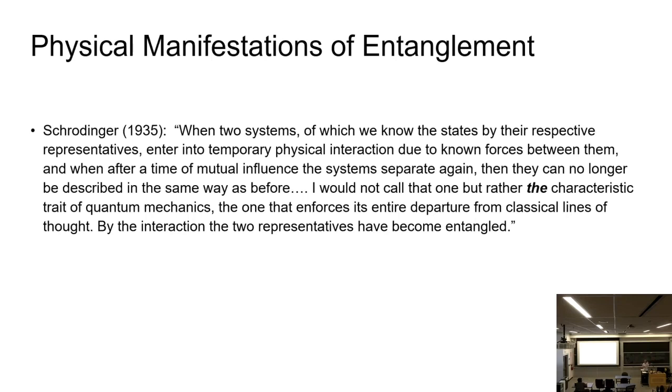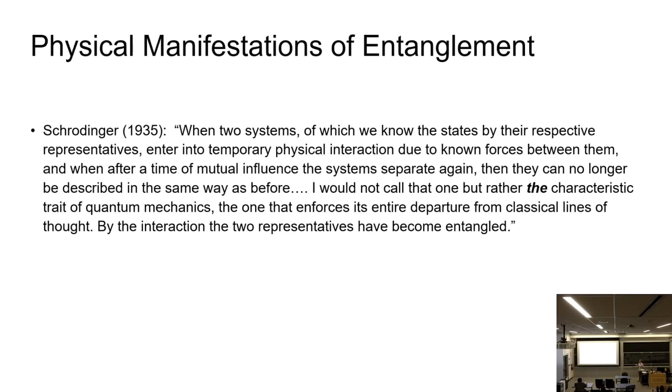Okay. So here's where I wanted to make sure we got today. And this is the experiments that show us entanglement. So this starts back in 1935. Schrödinger wrote this paper called The Discussion of Probability Relations Between Separated Systems.